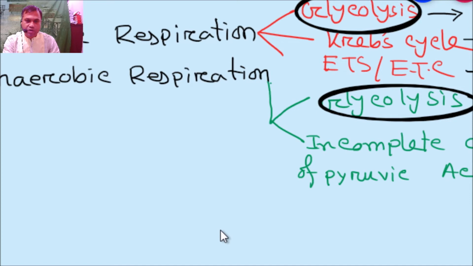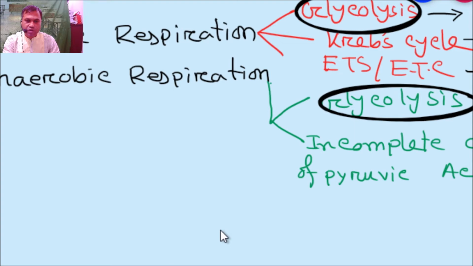At first, glucose in this process produces glucose 6 phosphate.